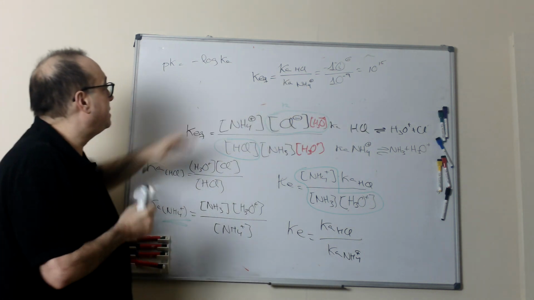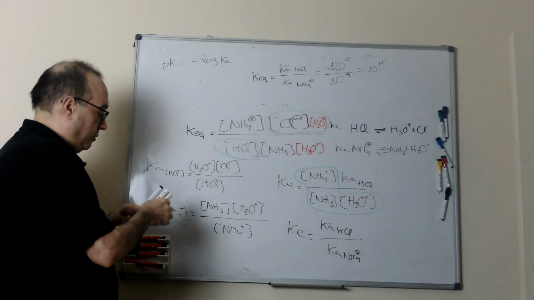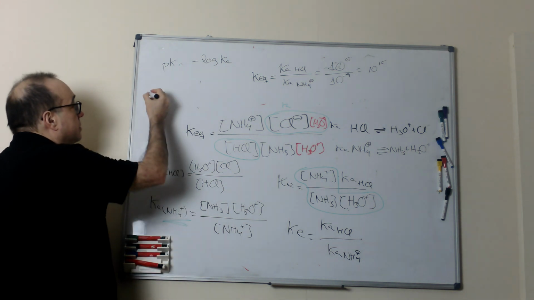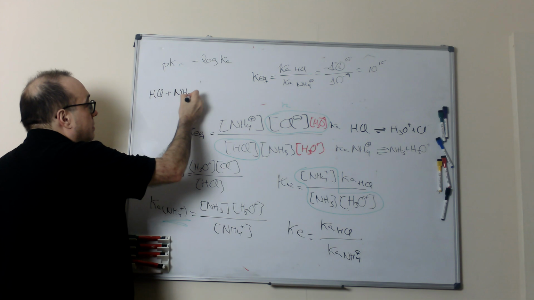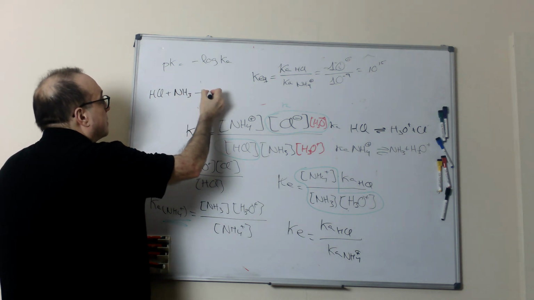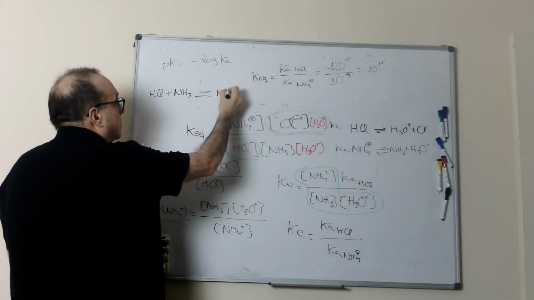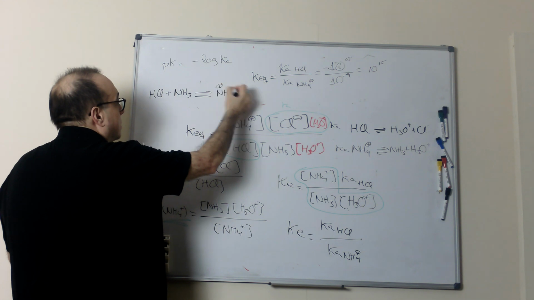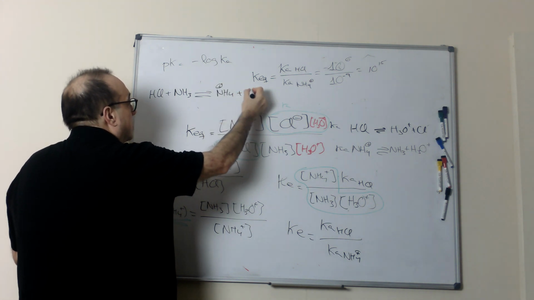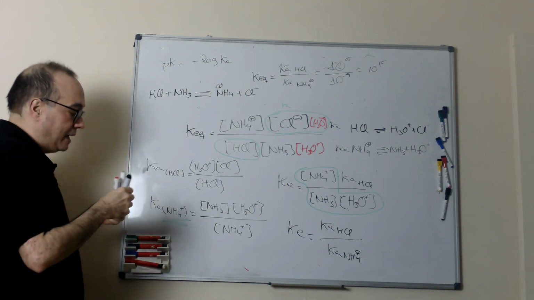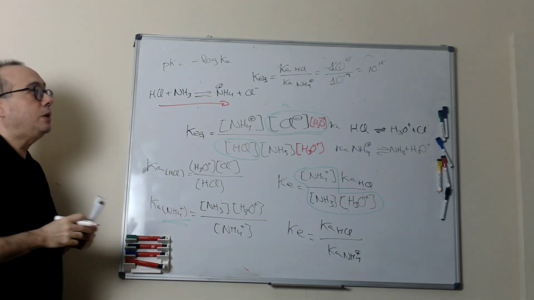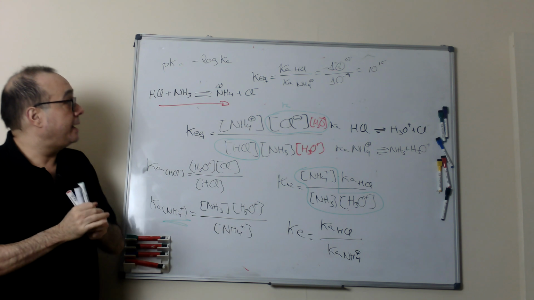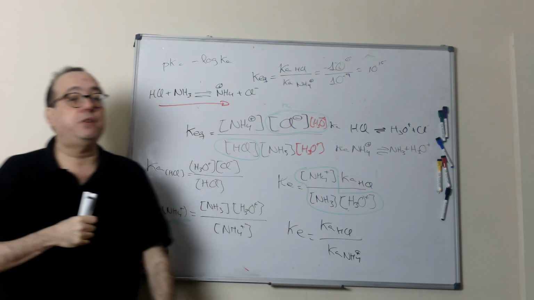That means when we have this reaction, the equilibrium will be totally shifted to the products because the equilibrium constant is 10 to the 15.